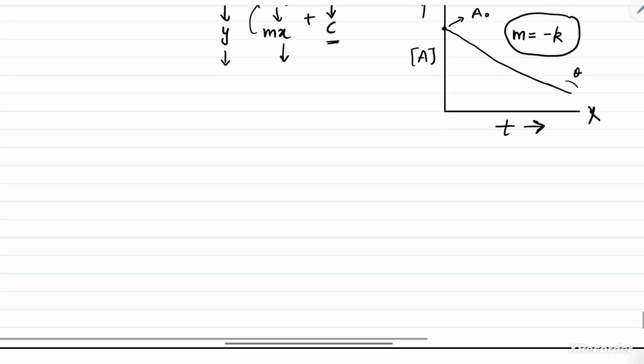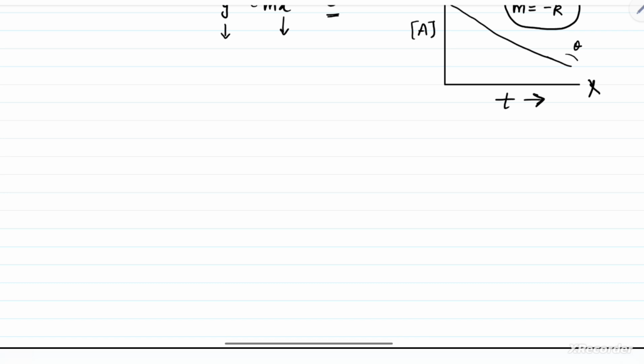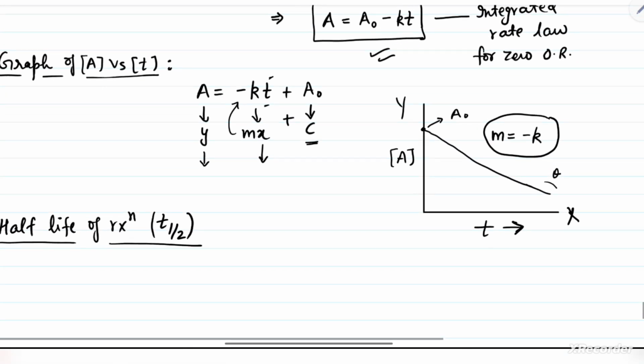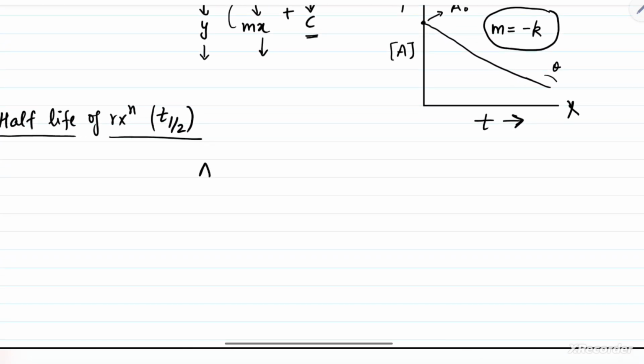Okay. A second important thing that you should know from this equation is the half-life of a zero order reaction. It is also represented as t half. So how to write this one? Again, I will refer to the same equation that we have already studied, A is equal to A naught minus kt.